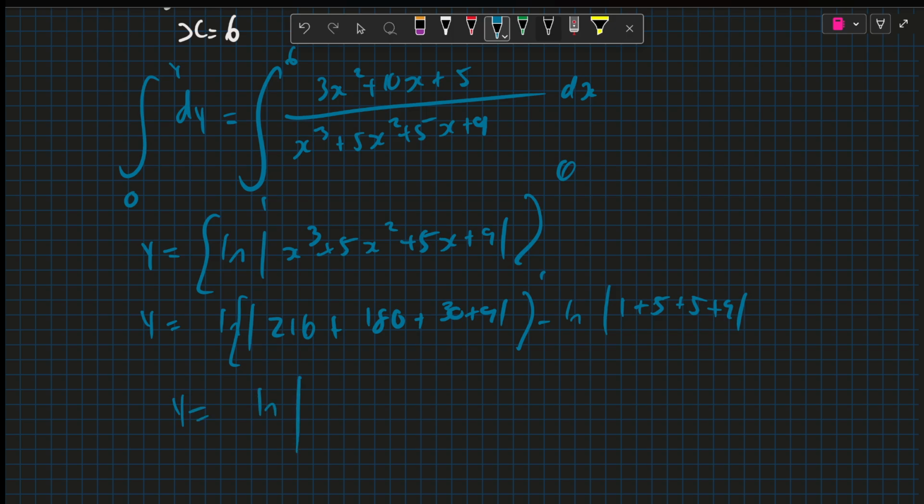And so you get y is just the natural log of 396 over 20. Actually 425 divided by 20. So that should simplify, because they're both multiples of 5. Okay, I'm going to have to give up here. So 425 divided by 20 is the natural log of 85 divided by 4.